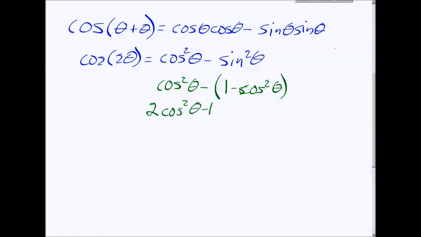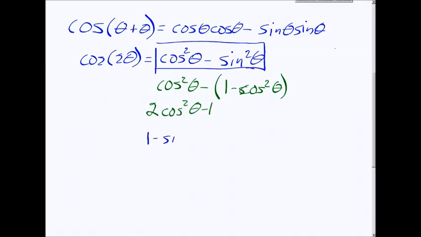But of course, likewise, we could take that original formula of cosine squared theta minus sine squared theta and replace the cosine squared with 1 minus sine squared.